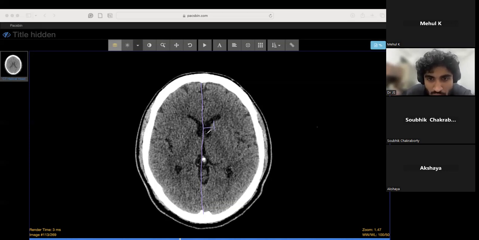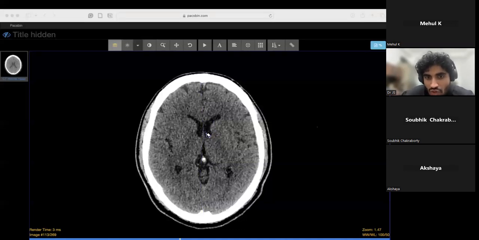If the distance is more than 10 mm, that is suggestive of this. The septum pellucidum is the midpoint separating the two lateral ventricles. We compare it with the midline of the skull. That is how we check for subfalcine herniation and midline shift as well.